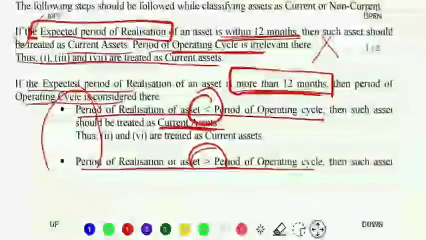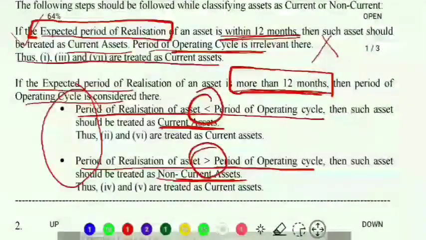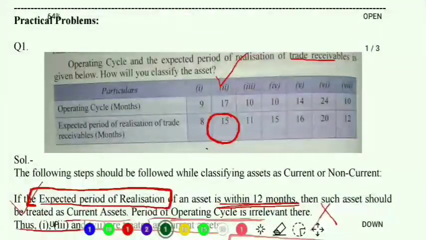Let's come back over here. The period of realization of an asset less than the period of operating cycle, such assets should be treated as current assets. So I'm putting a tick that this has been classified as a current asset. Done.